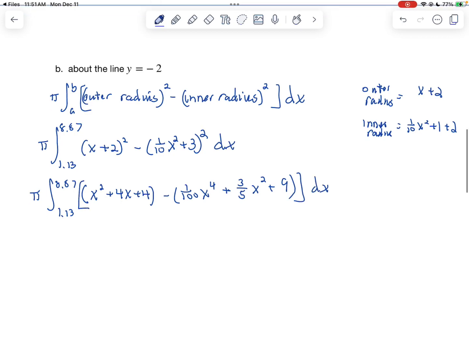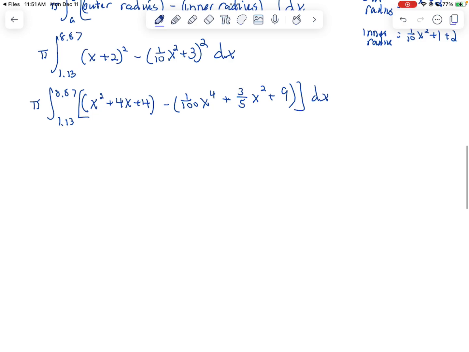Next, I'm going to distribute my negative and combine my like terms, which gives me a negative 1 over 100 x to the 4th. And then combining my x squared terms gives me a positive 2/5 x squared. There's only one x term, so plus 4x. And then combining 4 minus 9 gives me a minus 5.